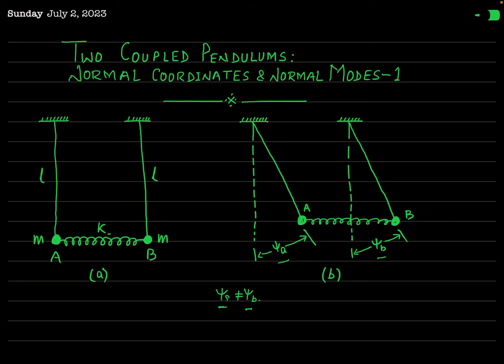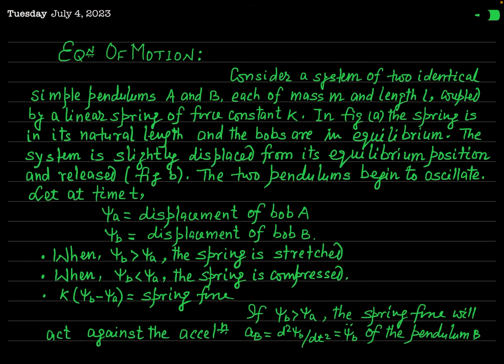So now let us first find the equation of motion of this system. As you can see, I have assumed that at any time t, psi a is the displacement of pendulum A and psi b is the displacement of pendulum B. If we assume that psi b is greater than psi a, then the spring will be stretched.